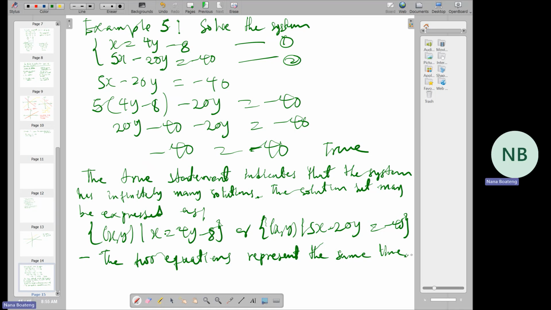So graphically, it's going to look something like this. We have two equations, one on top of each other.